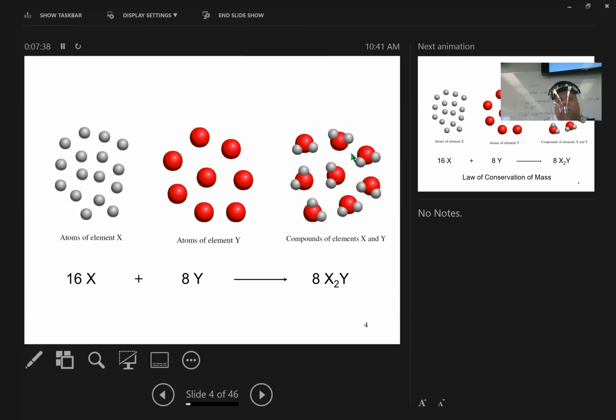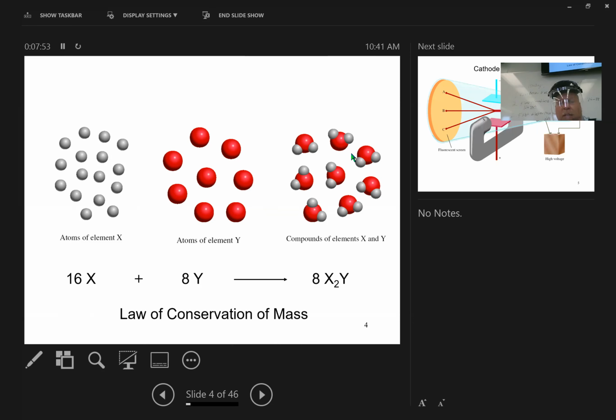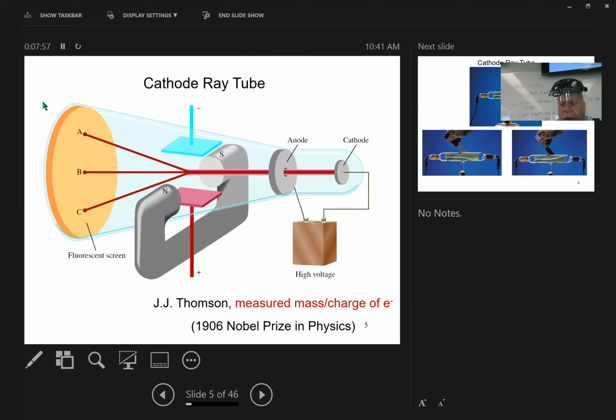The elements are not created or destroyed, they merely rearrange. So if they start off separated, and then they end up going the other way. Okay, so essentially there's a whole variety of different examples of that. That is called the law of conservation of mass.